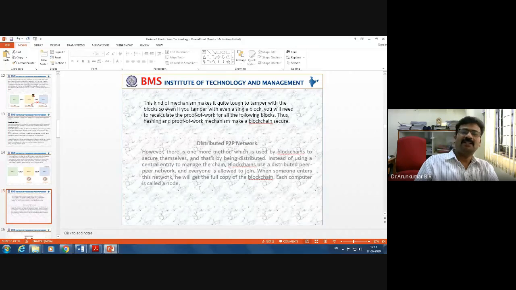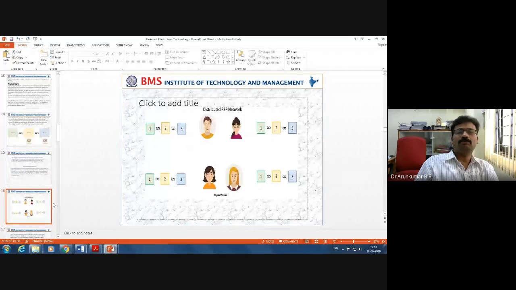Please remember the difference in a distributed peer-to-peer network blockchain: a node will be having the full copy of the blockchain, and each computer is called a node. See here, 1, 2, 3, 1, 2, 3, 1, 2, 3, 1, 2, 3. Distributed peer-to-peer network.